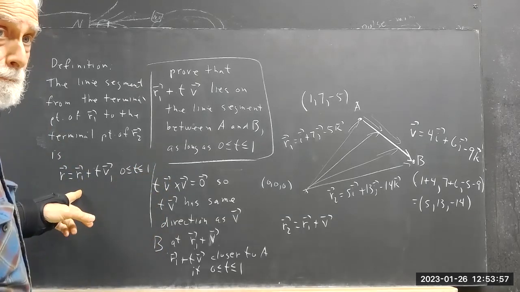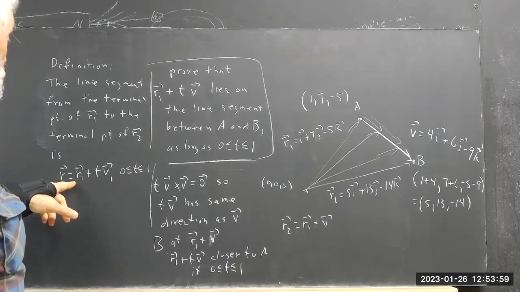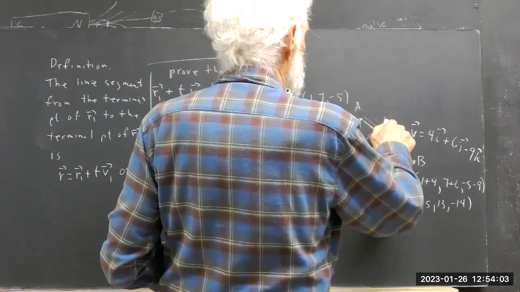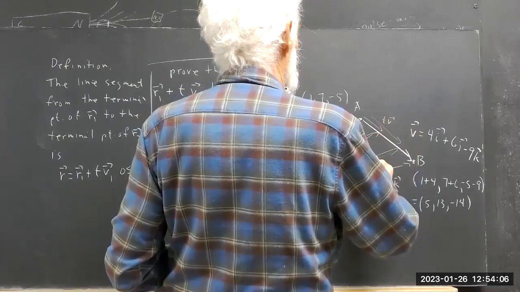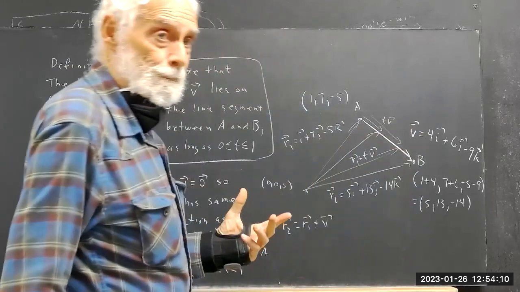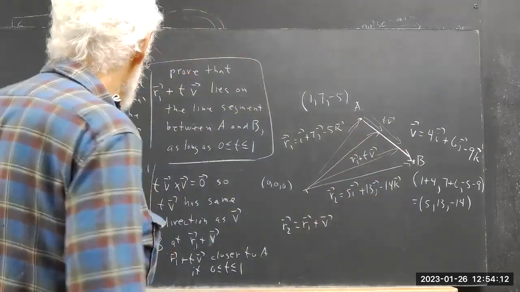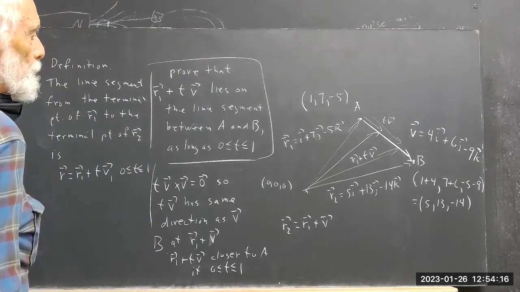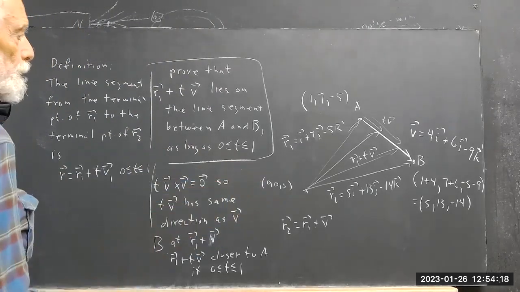Does that make sense? It's just R1 plus tV. Here's the tV. Here's R1 plus tV. Here would be another tV. What can you say about the coordinates of the point on that line?